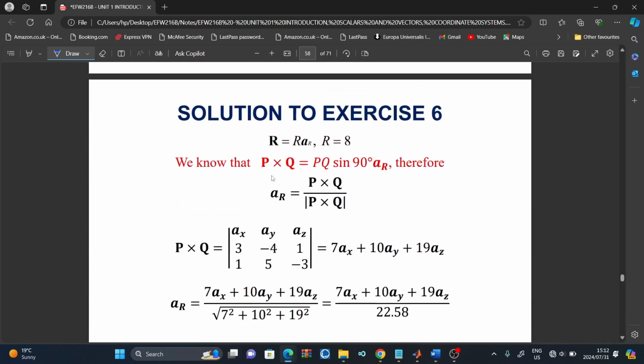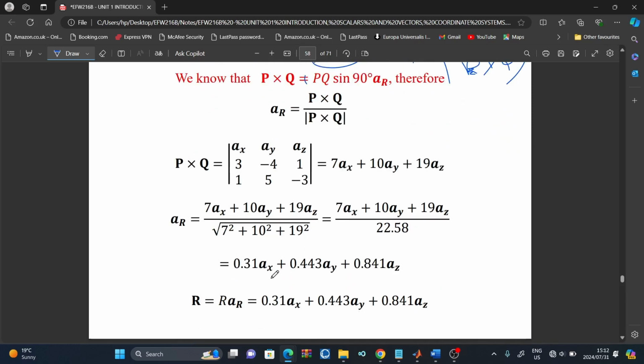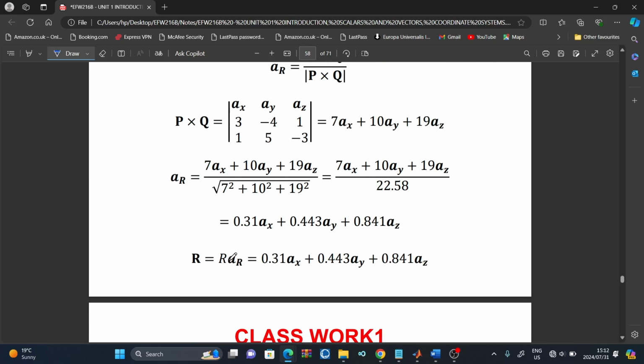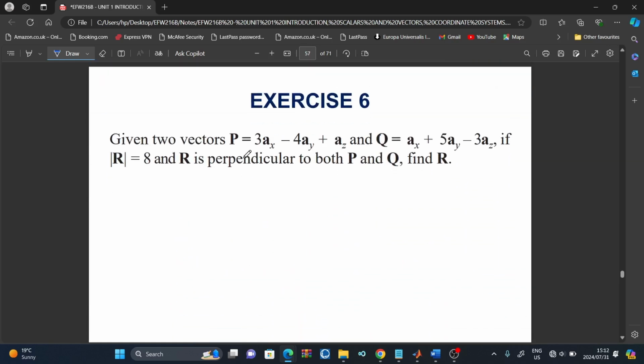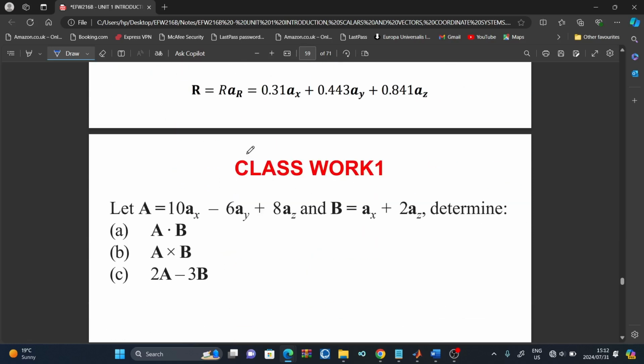As they say, R is perpendicular to both of them, and that's the magnitude of R. So your AR is given, then you use this formula to calculate the unit vector of R. Then you multiply that by 8, and that gives you the value of where R is in space. So perpendicular just means you're finding a unit vector to a point.